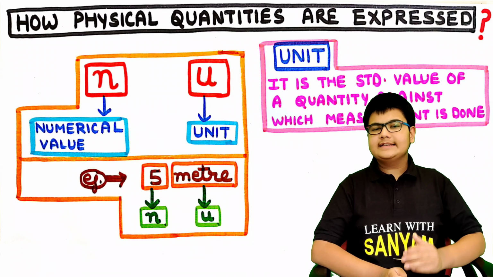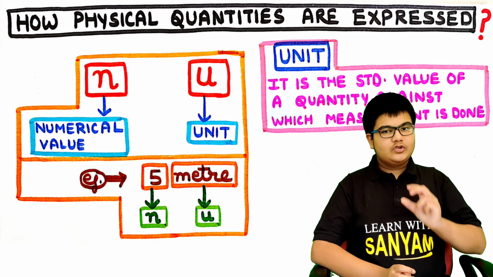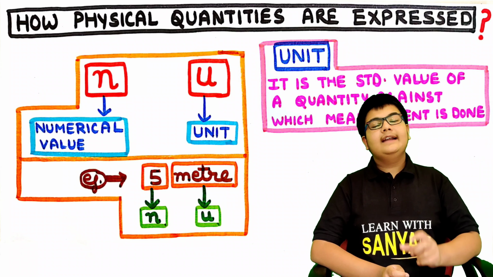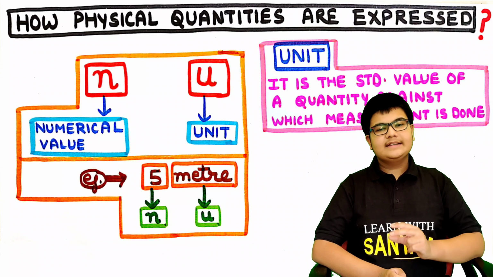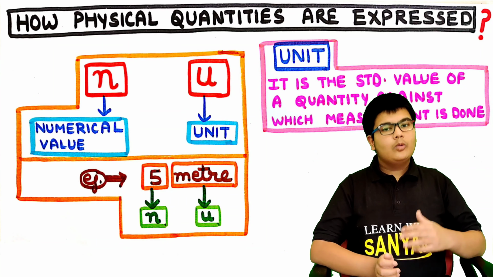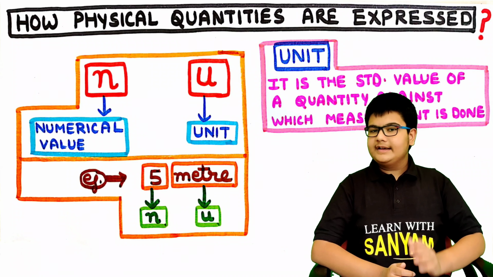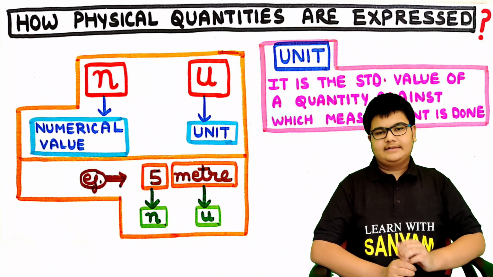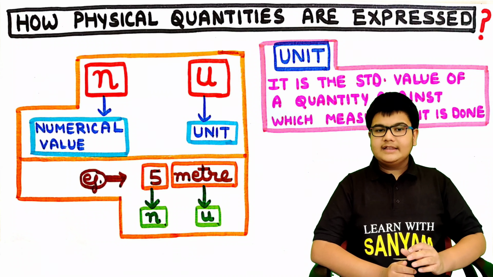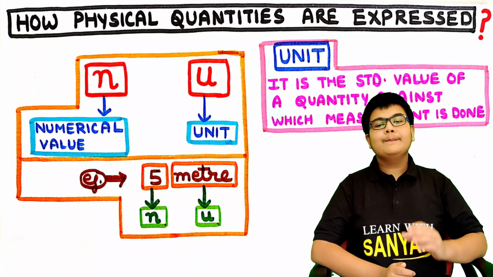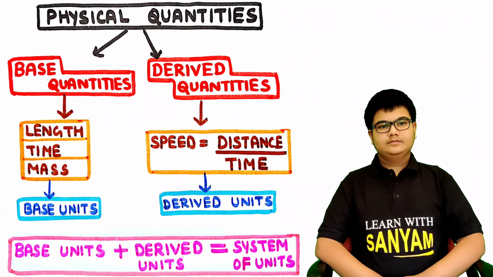Let's say the length is 5 meter. In this, 5 is the numerical value, the n, and meter is the unit, the u. Now what is a unit? A unit is the standard value of a quantity against which measurement is done. In case of length, meter is the standard value in which the measurement is done. That's why meter is the unit of length.